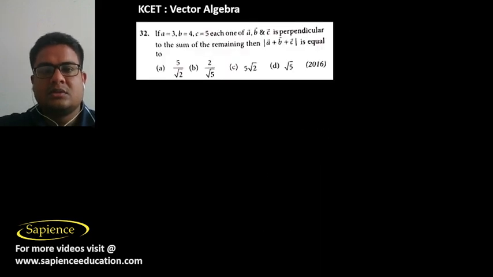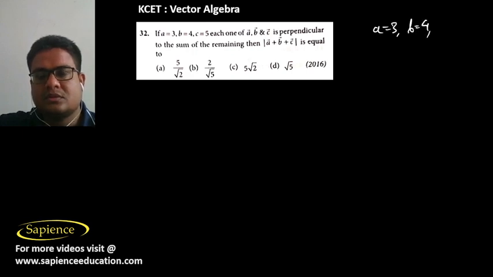And in question number 32, it is given that the magnitude of a is 3, of b is 4, and of c is 5, and each one of a, b and c is perpendicular to the sum of the remaining.